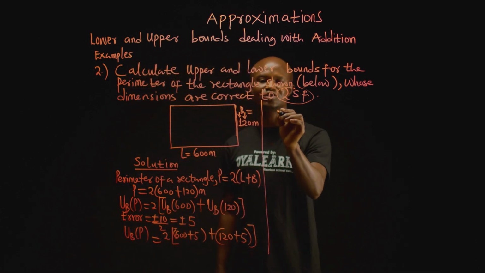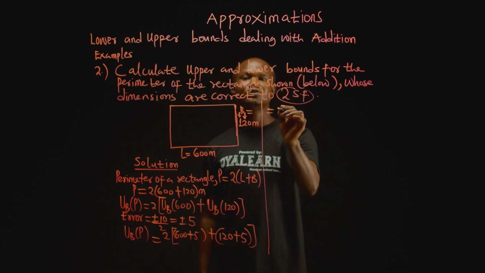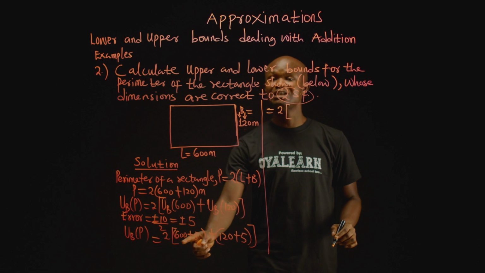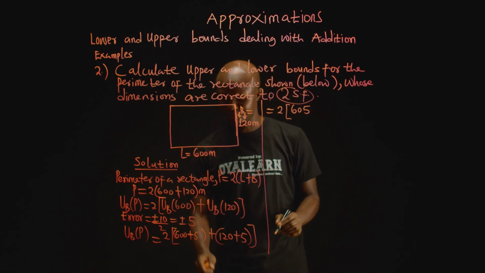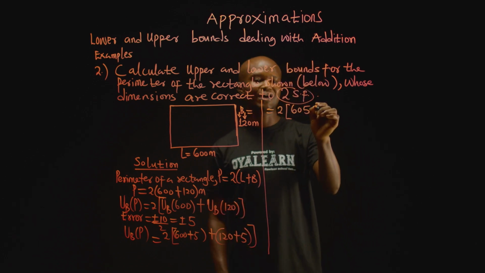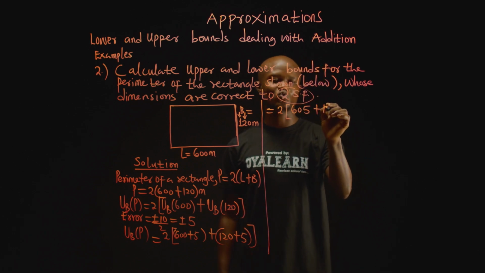So in this case, this is going to be equal to 2 into (600 plus 5, that is 605, then we have 120 plus 5, that's 125).